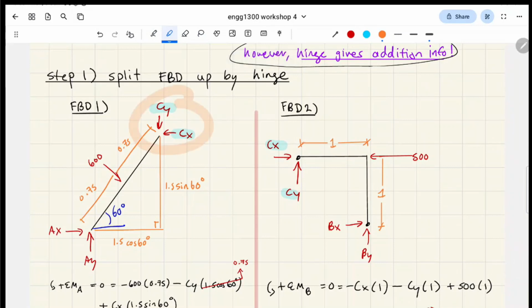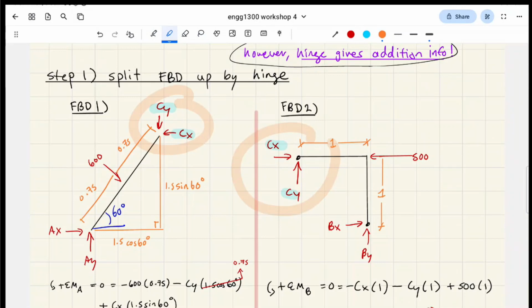It's very similar to a pin support, except for pin connections, you have it on both ends where it connects to the different members. You have to have the arrows facing the exact opposite direction of what you assumed in order for the maths to work out. So in the free body diagram on the left, I decided to go down and left. I could have gone up and right, and mathematically it would check out.